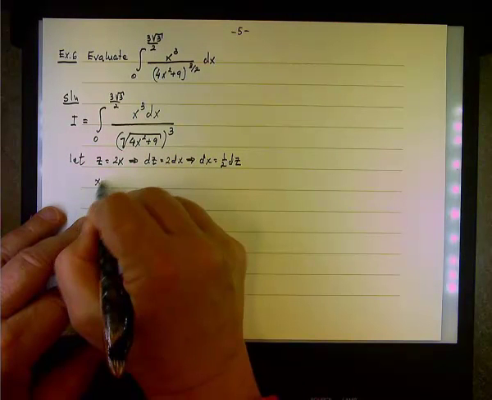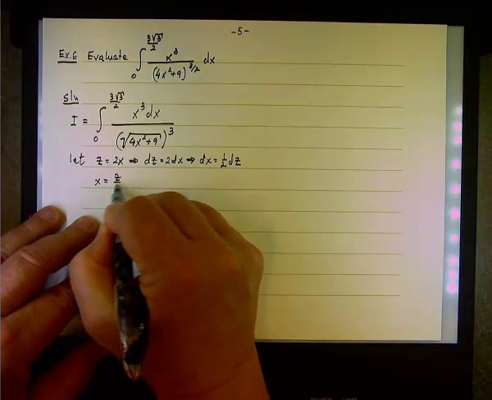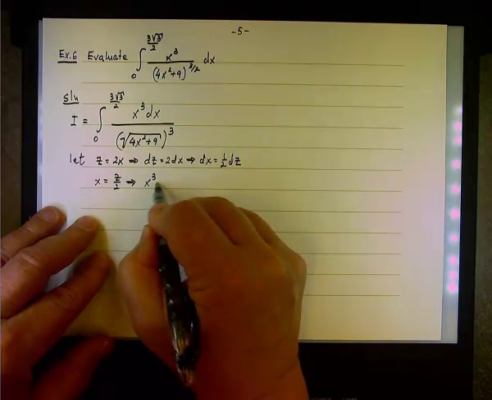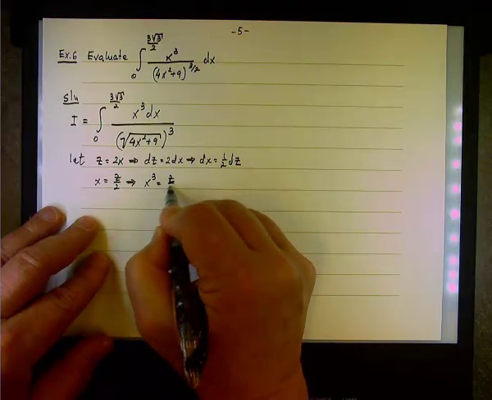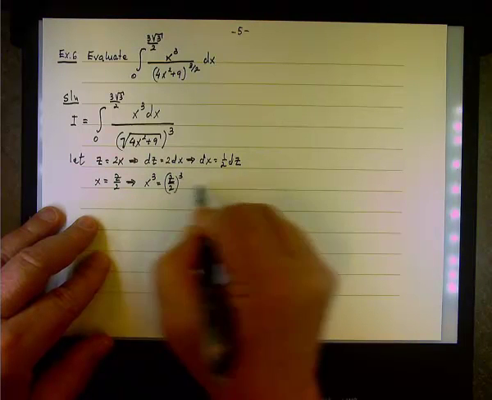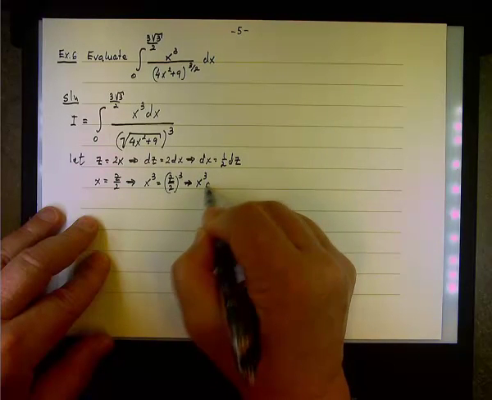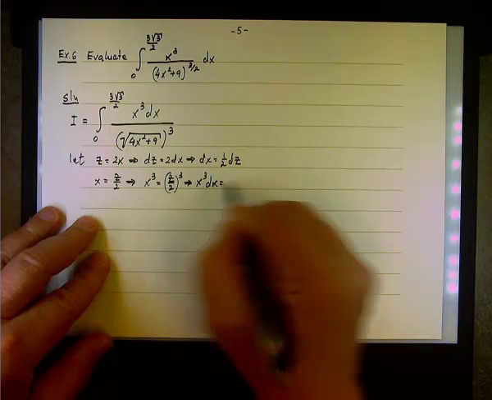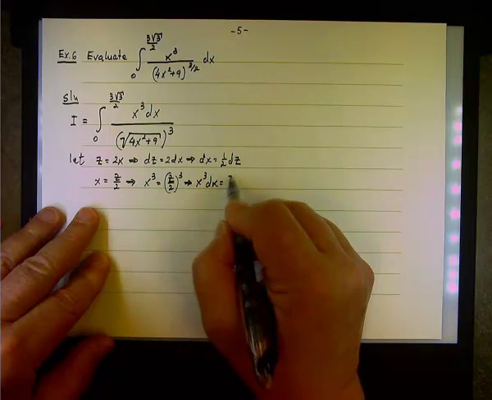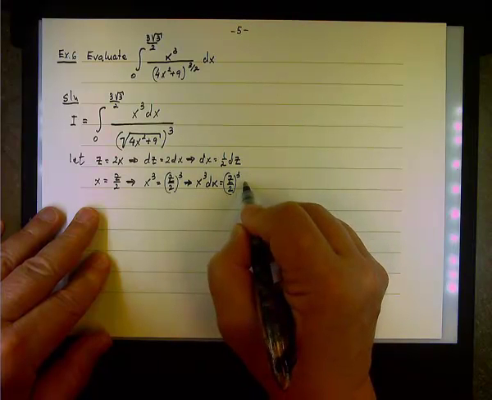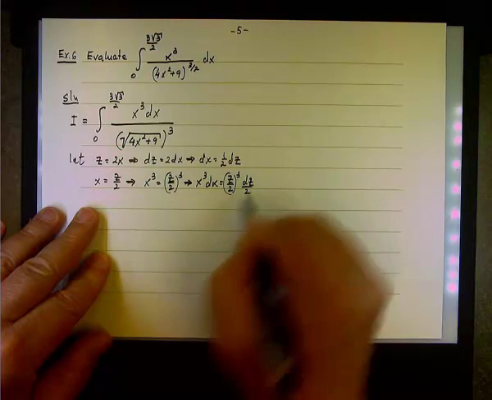So what about x cubed? Well, since x equals z over 2, then x cubed is z over 2 cubed, and the numerator x cubed dx will be z over 2 cubed times dz over 2.